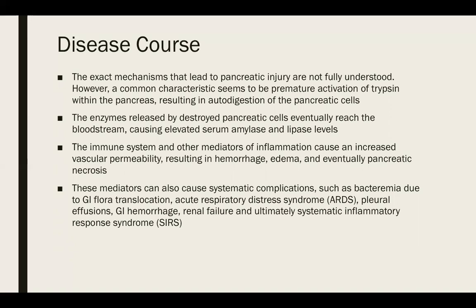The immune system and other mediators of inflammation cause an increased vascular permeability, resulting in hemorrhage, edema, and eventually pancreatic necrosis. These mediators can also cause systemic complications such as bacteremia due to GI flora translocation, acute respiratory distress syndrome, pleural effusions, GI hemorrhage, renal failure, and ultimately systemic inflammatory response syndrome, also known as SIRS.